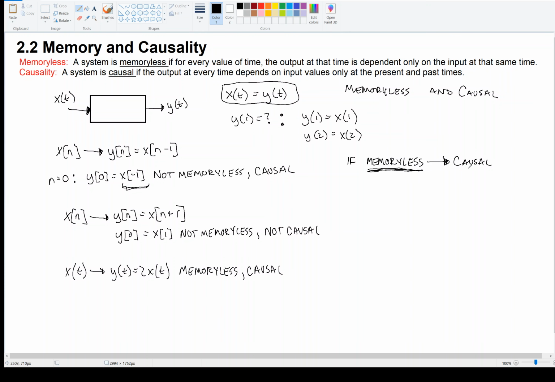So by definition, that's also causal, because causal is a little bit looser of a definition, where the output only depends on the present and the past inputs. And similarly, we can turn that around and say, if not causal, so if we knew a system was not causal, then that must mean the output depends on the future of the input. So by definition, that means not memoryless.